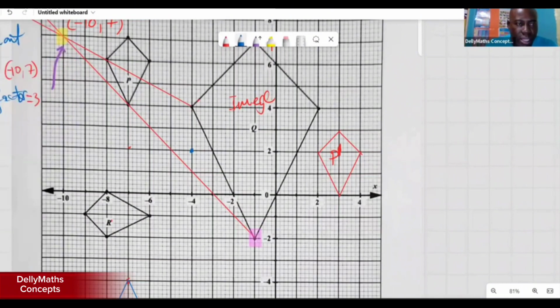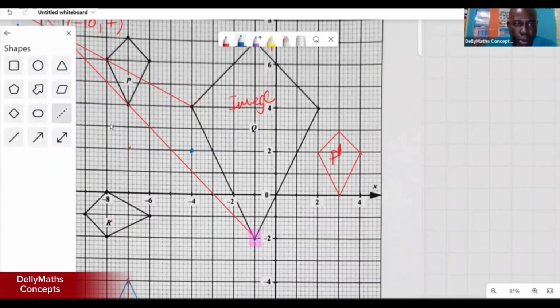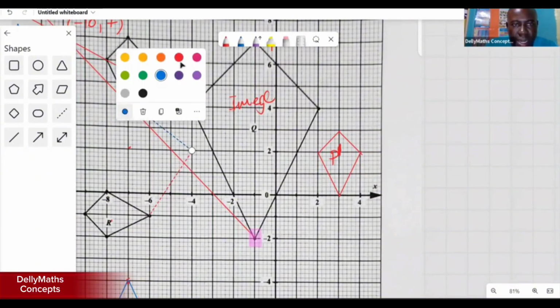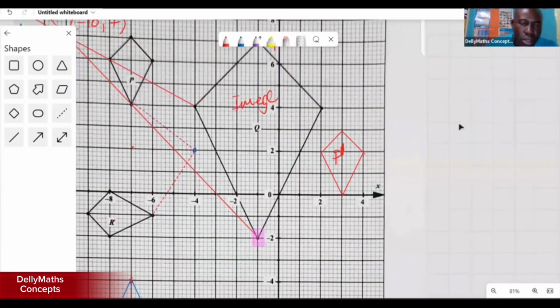So let us connect corresponding points to the center. For example, this to the center, and this to the center, and you'll see that 90 degree angle coming out. Take a look at that 90 degree angle. You're seeing that this is 90 degrees right there.